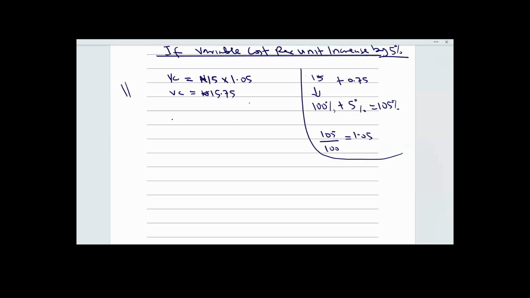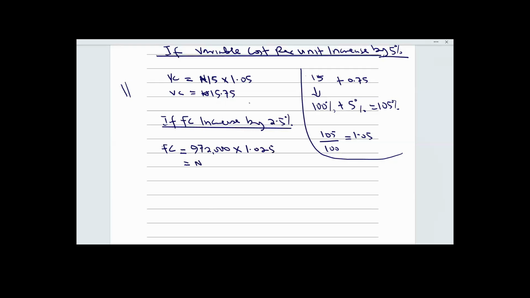We are also told that if fixed cost increases by 2.5%, the revised fixed cost would then be equal to the original fixed cost of 972,000 multiplied by the increment of 2.5%, that's 1.025.